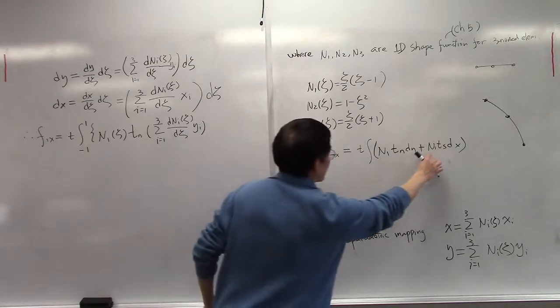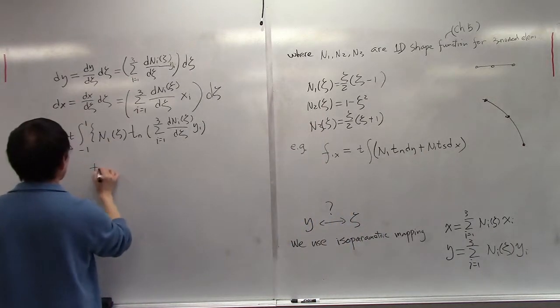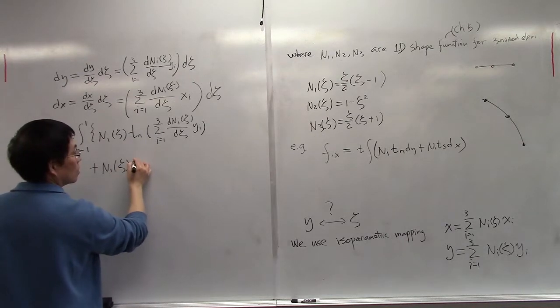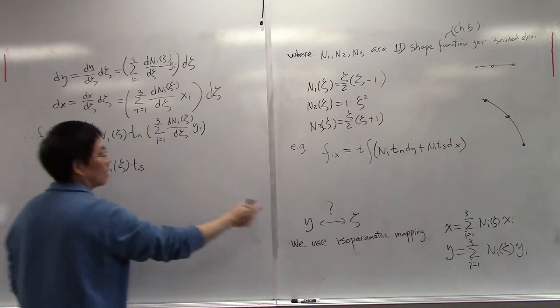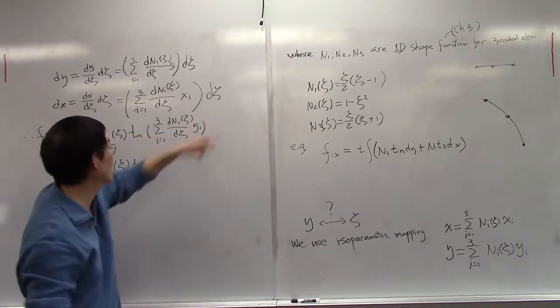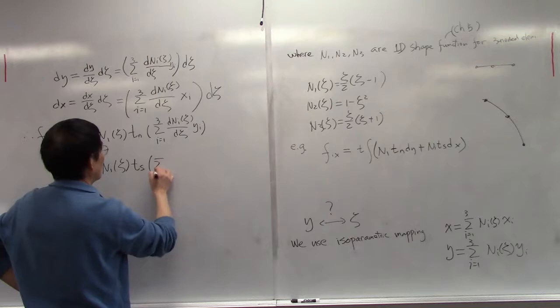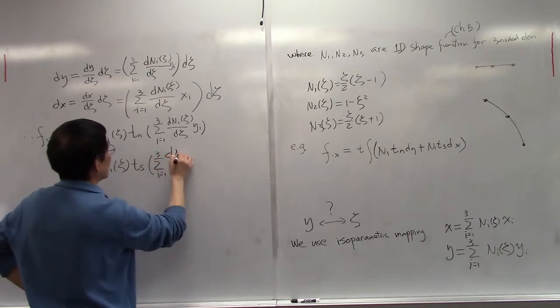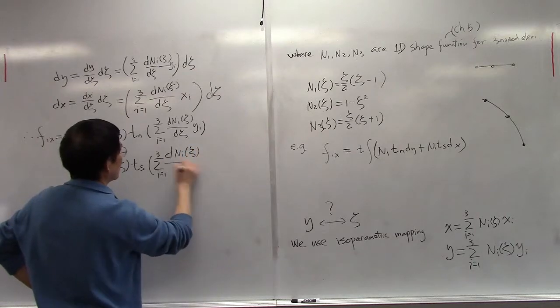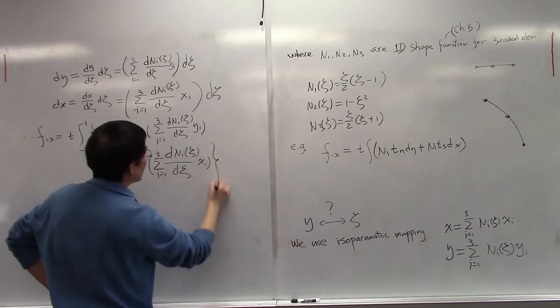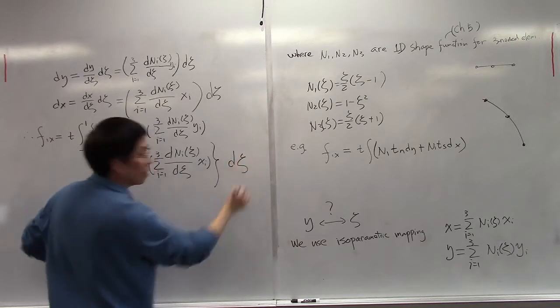Then let me write the second term. The second term is N1(theta) ts, and dx is this guy, d theta. So I put this in: I from 1 to 3, dNi/d theta, xi. So all these together and then d theta.